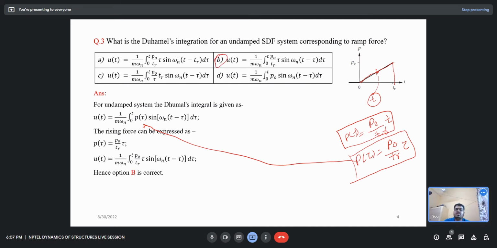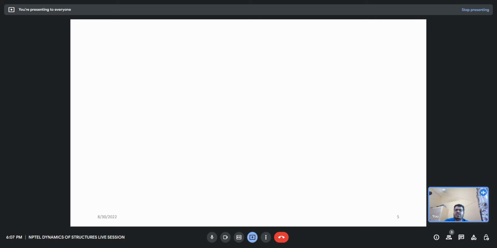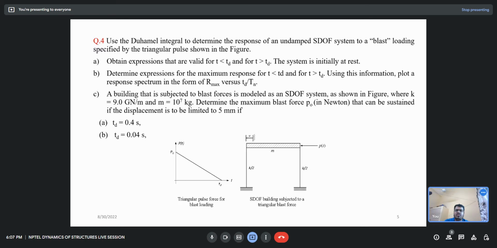Okay, so these three questions are multiple choice questions. I wanted to give you some introductory part related to the Duhamel integral. Now we are moving to the long problem.